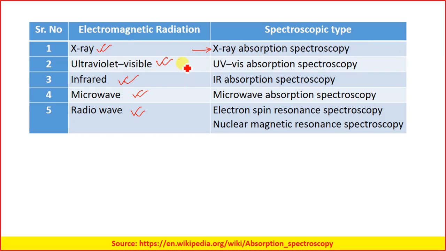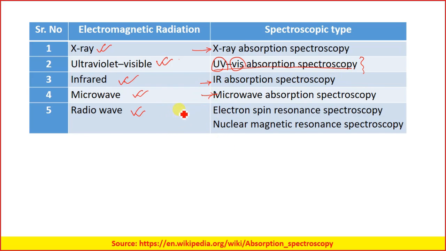If we are using ultraviolet and visible light, it is called UV visible absorption spectroscopy, and in most labs you will find this everywhere. In UV visible spectroscopy, we have both ultraviolet and visible sources. Then we have infrared absorption spectroscopy and microwave absorption spectroscopy.